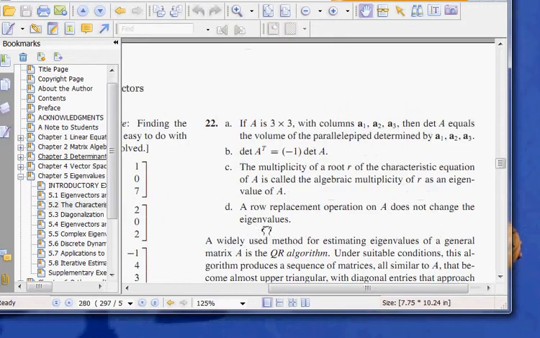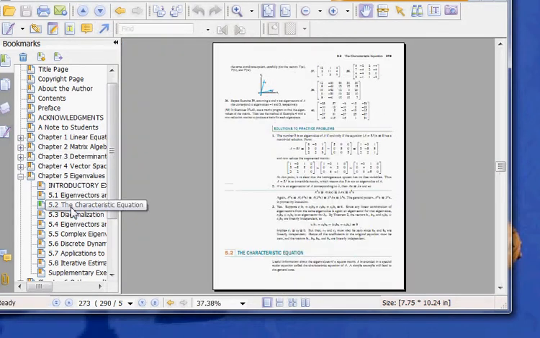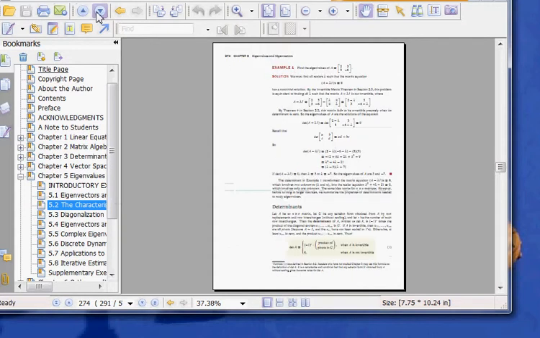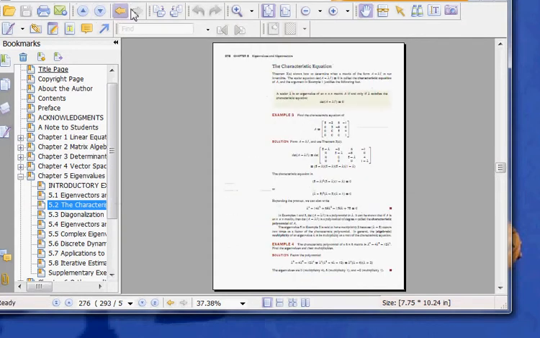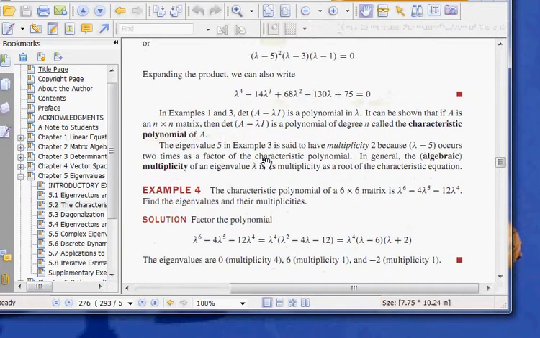Because look what they say right here: in general, the algebraic multiplicity of an eigenvalue lambda is its multiplicity as a root of the characteristic equation, okay?